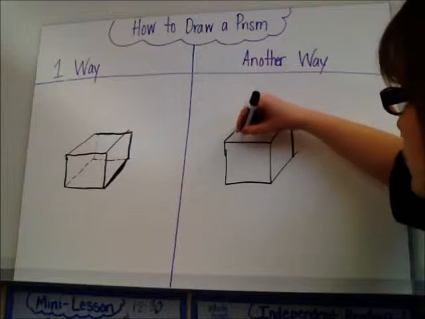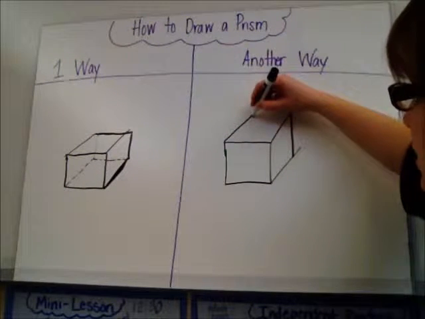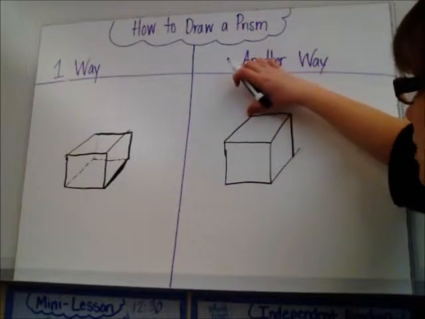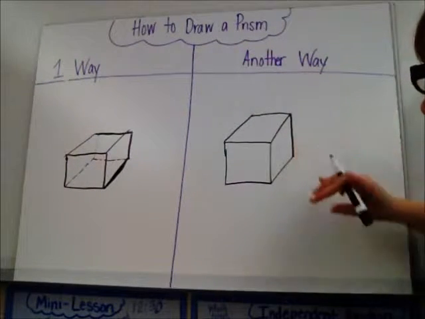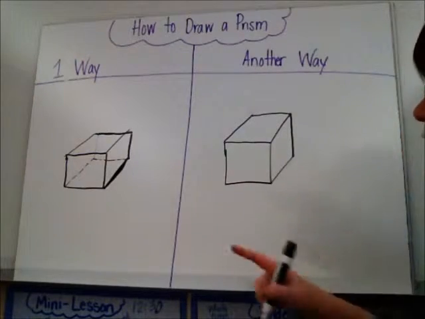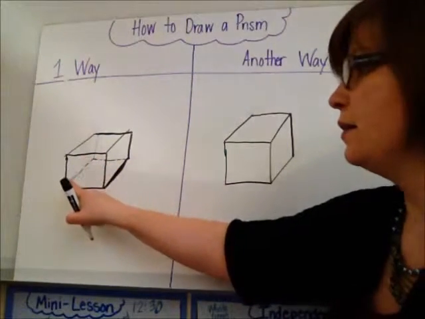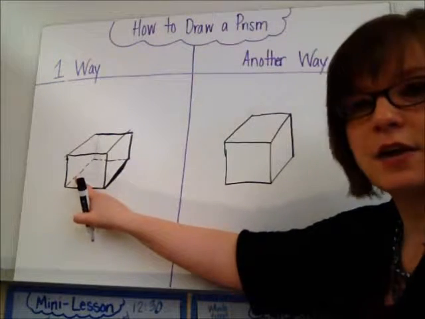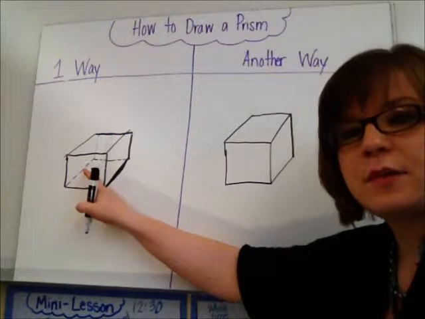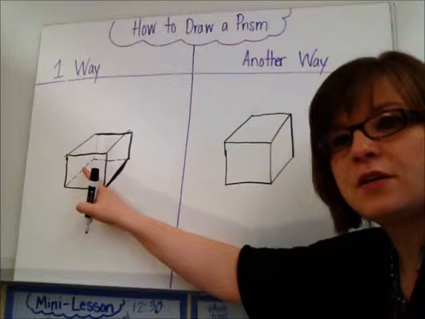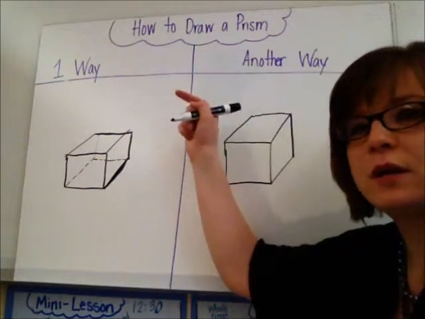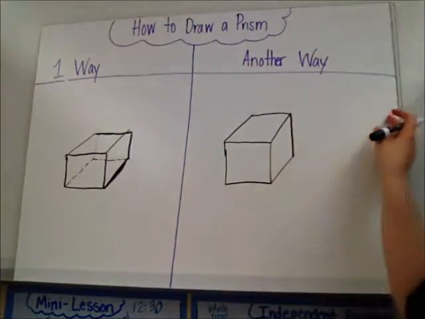And connect this one with a straight one that's parallel to this line right here. Erase that extra part on both sides, and we have another one. Now this one has those back edges and faces that are behind the prism that you can't actually see. So that kind of makes it really look three-dimensional. So you can pick whichever one is easier for you to use.